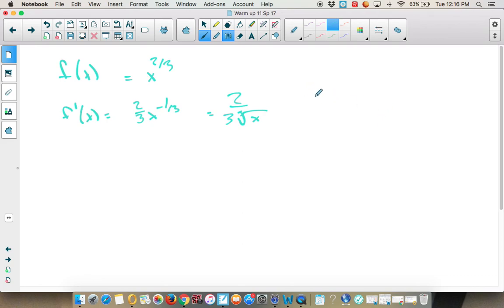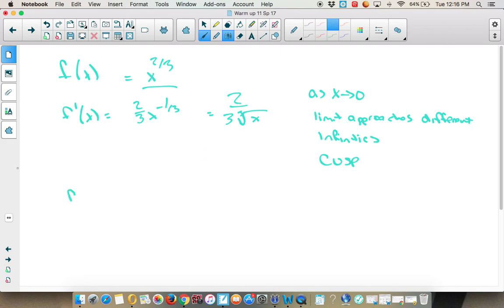Okay, as x approaches 0, I'm going to approach different infinities. One is positive and one is negative, so that's going to create a cusp. And I would encourage you to put this into your calculator and see what it looks like. You'll see what the cusp looks like.